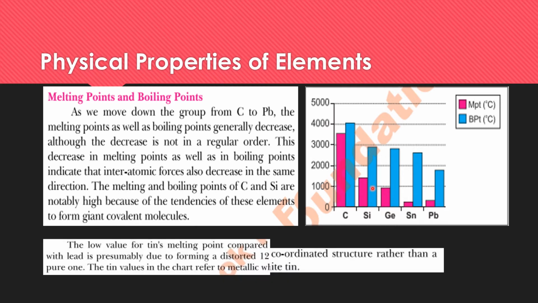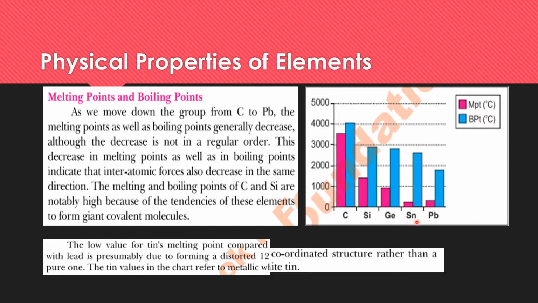And we can see here that tin has a low melting point as compared to lead. Melting point of lead is greater as compared to tin. What is the reason behind this? These elements have empty d orbitals in them, and due to the presence of these empty d orbitals, these elements have the ability to form 12 coordinated structures.